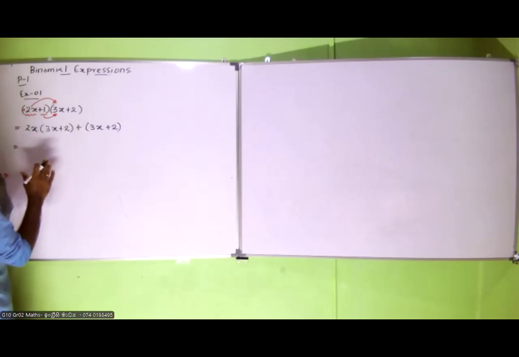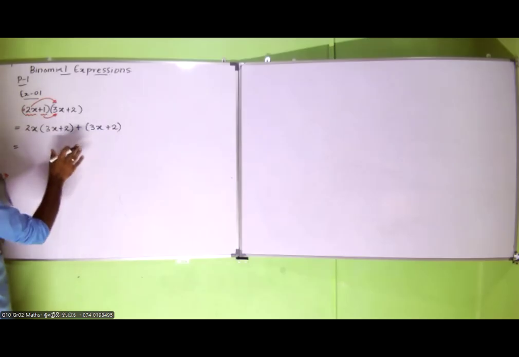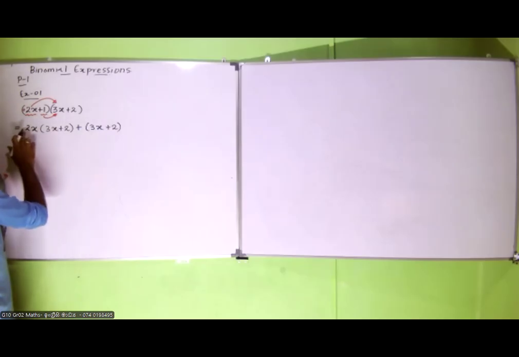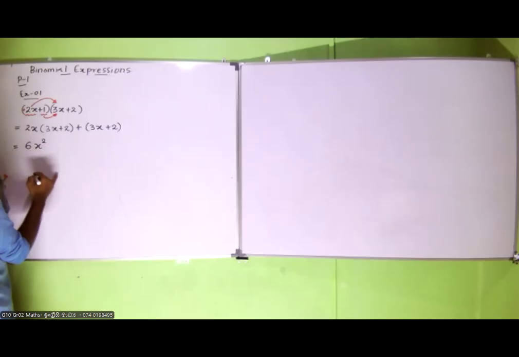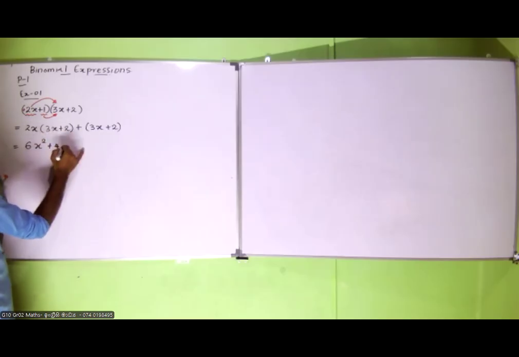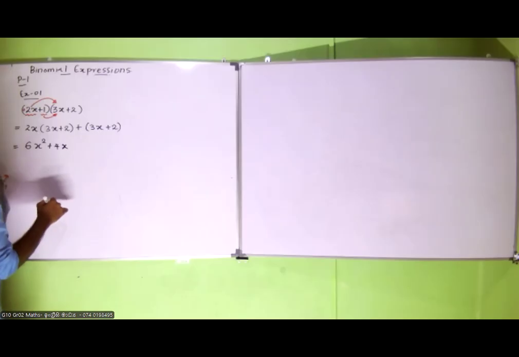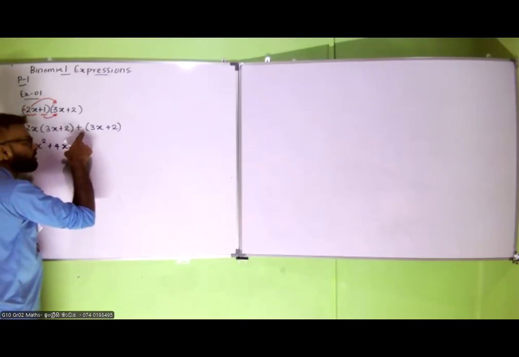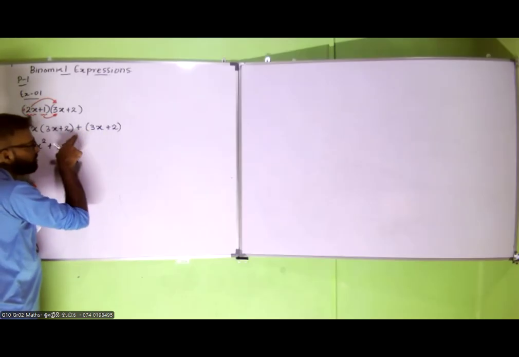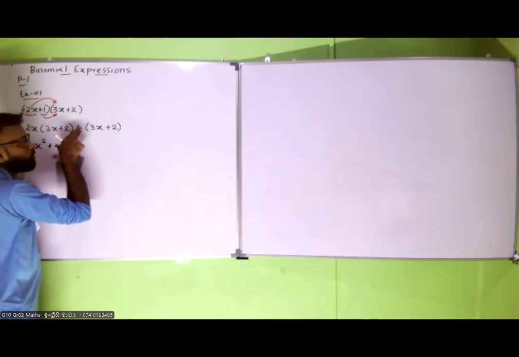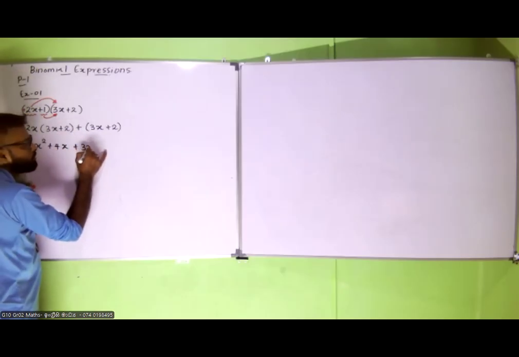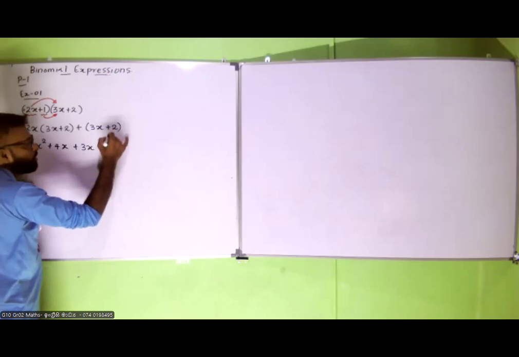Your answer will be totally positive for this question. So 2 times 3, 6. x into x, x squared. Then 2 times 2, 4. x into 1, so 4x. Here you already have 1, so you multiply this parenthesis by positive only. Positive into 3x, positive 3x. Positive, positive, positive 2.